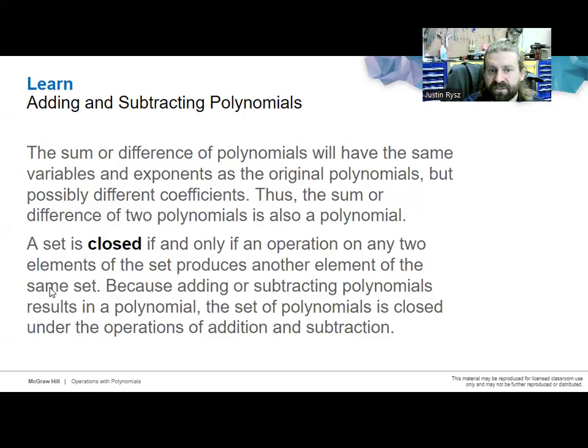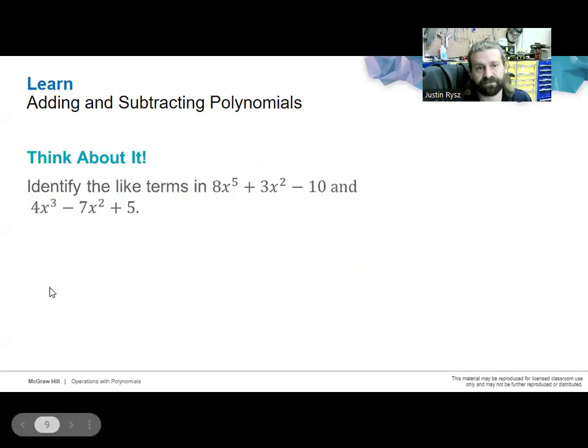A set is closed if and only if an operation on any two elements of the set produces another element of the same set. Because adding or subtracting polynomials results in a polynomial itself, the set of polynomials is closed under the operations of addition and subtraction. All right, so think about it here. If we were going to look at these terms, we've got two trinomials.